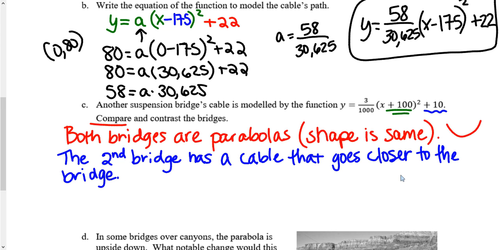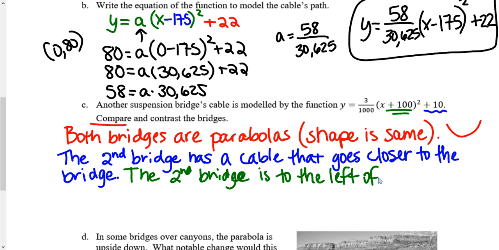What about this plus 100? So that means the second bridge is to the left of the axes instead of the right.